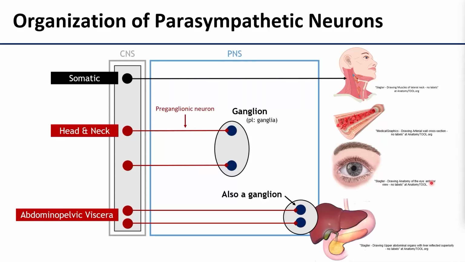That is going to look slightly different from the pathway for abdominopelvic viscera. Okay, so all of our organs down in our thorax and abdomen here. I am going to do my best to give you a complete accounting of how these nerves travel around, but my focus is very much going to be on head and neck structures, and that's where your focus should be as well.